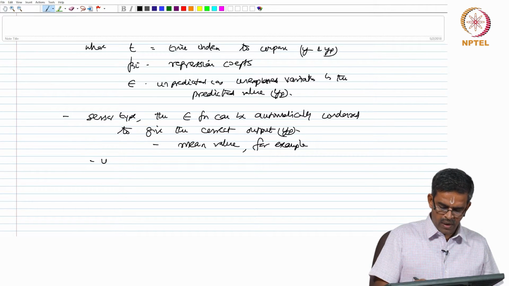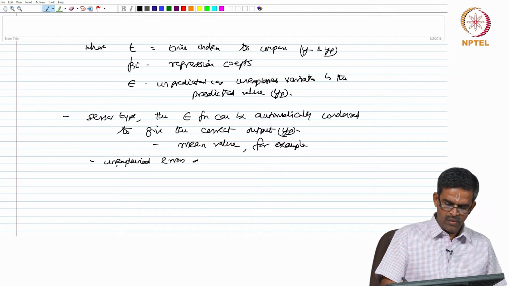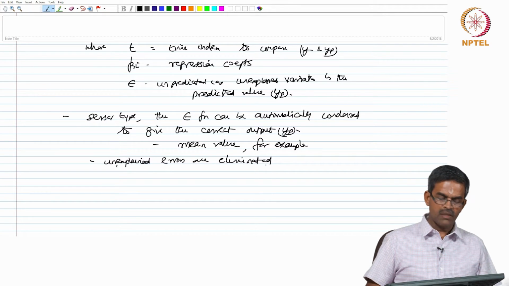So, the unexplained errors are eliminated. So, this can be done by a simple microcontroller.